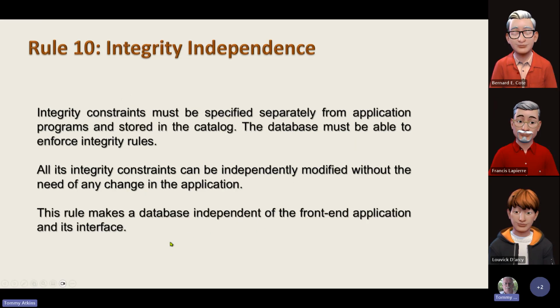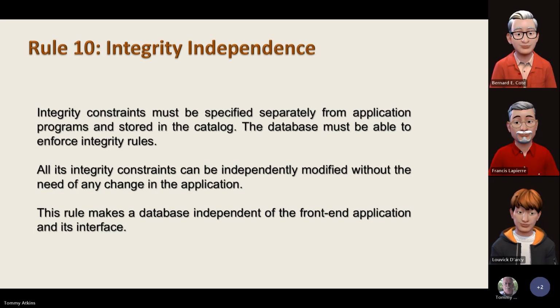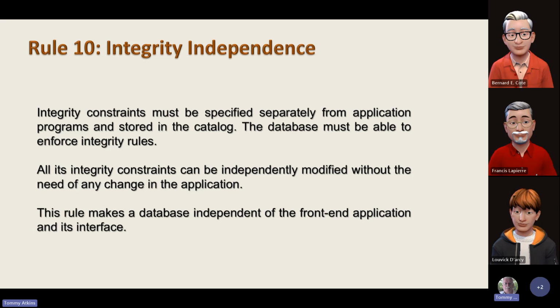Integrity independence. Integrity constraints must be specified separately from application programs and stored in the catalog. The database must be able to enforce integrity rules. All its integrity constraints can be independently modified without the need of any change in the application. This rule makes a database independent of the front-end application and its interface.